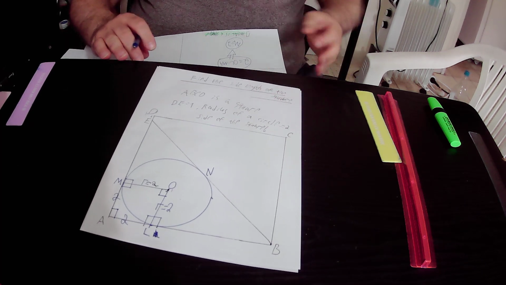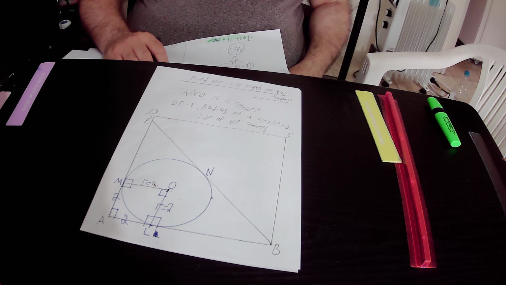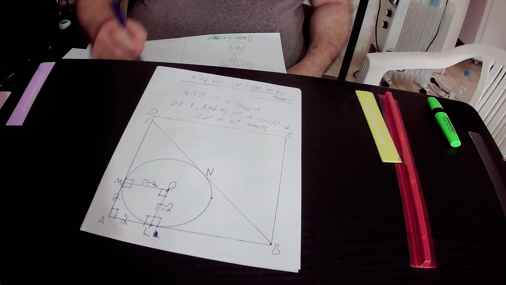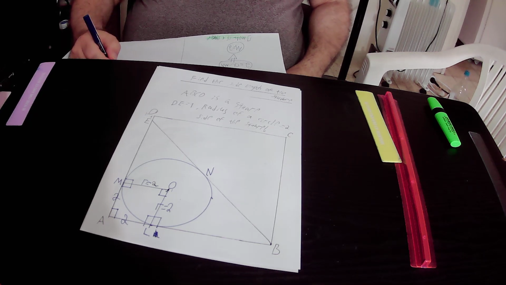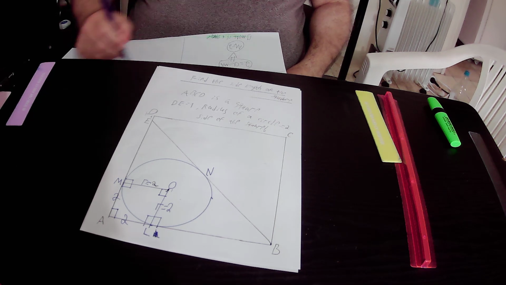So we will define the length of one side of square ABCD as x. That is to say, DA equals AB, and it is also equal to BC, and it is equal to DC.